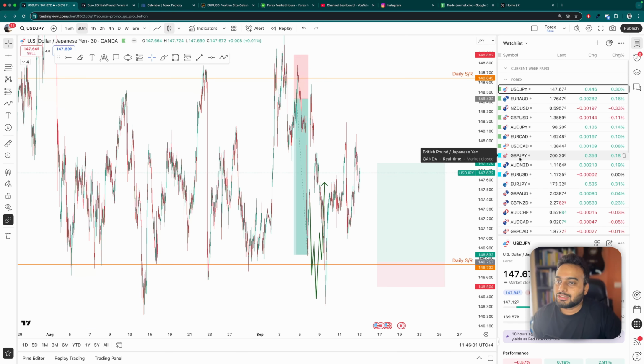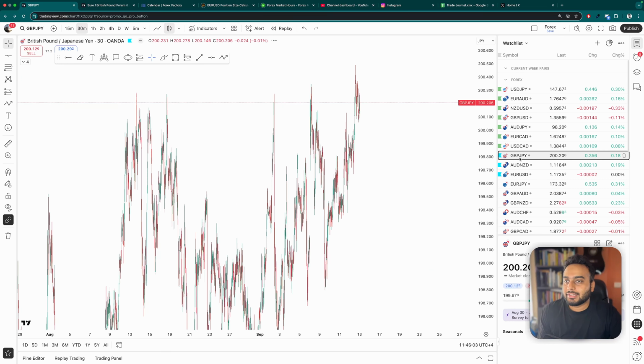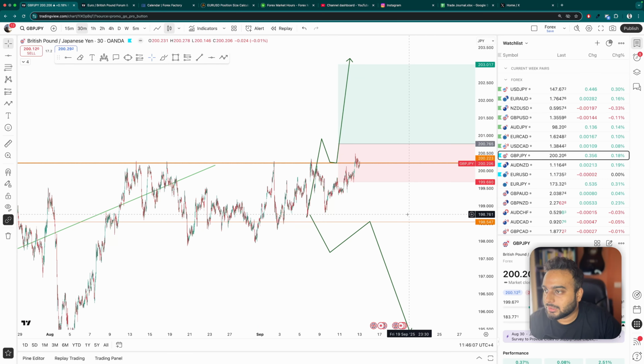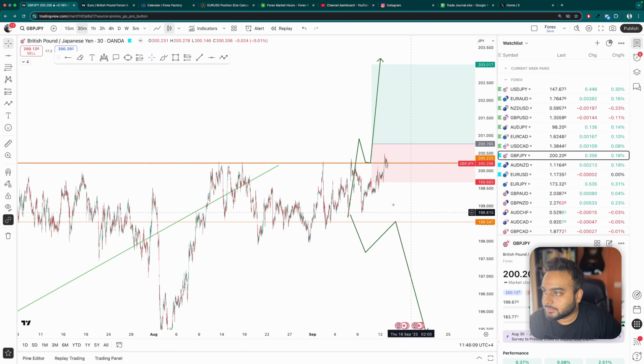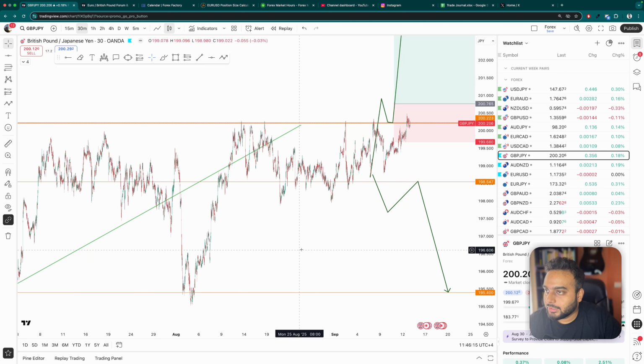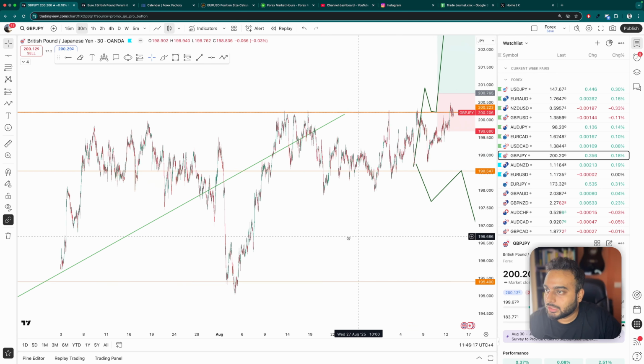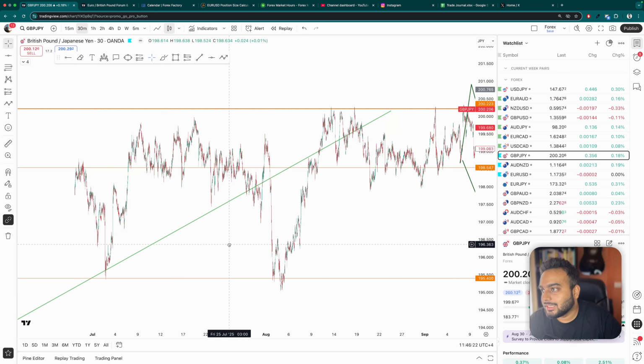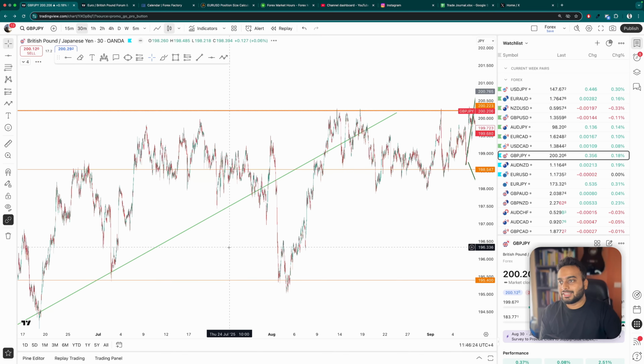Now let's look at GBP JPY. Okay. You see what's happening here? This kind of price action is generally seen on pairs like JPY and gold.